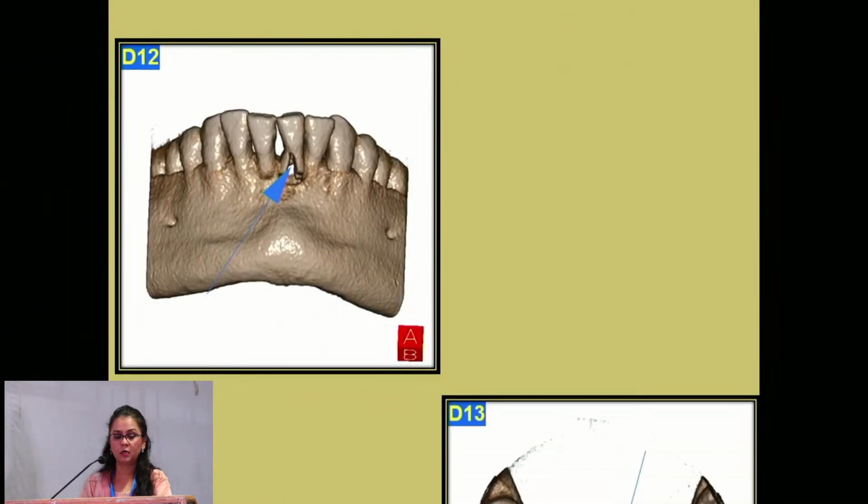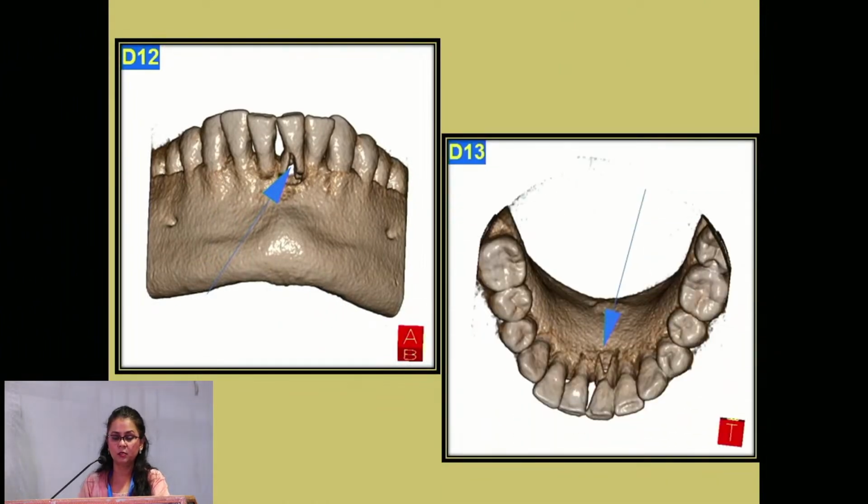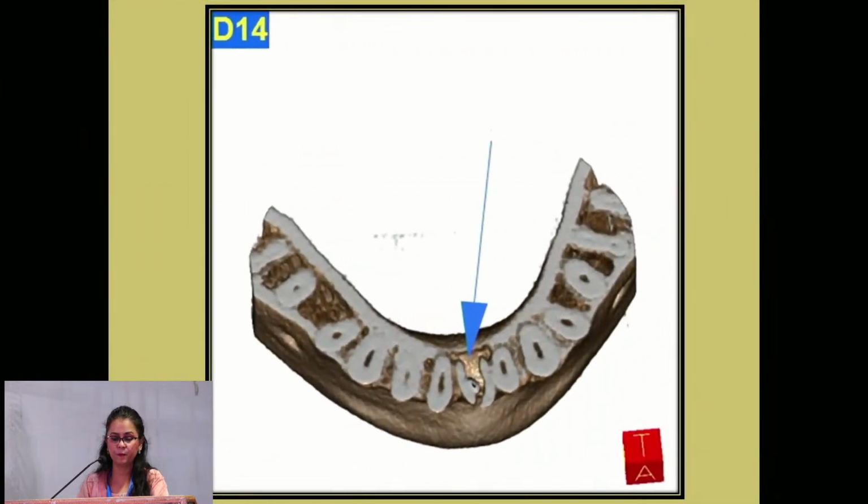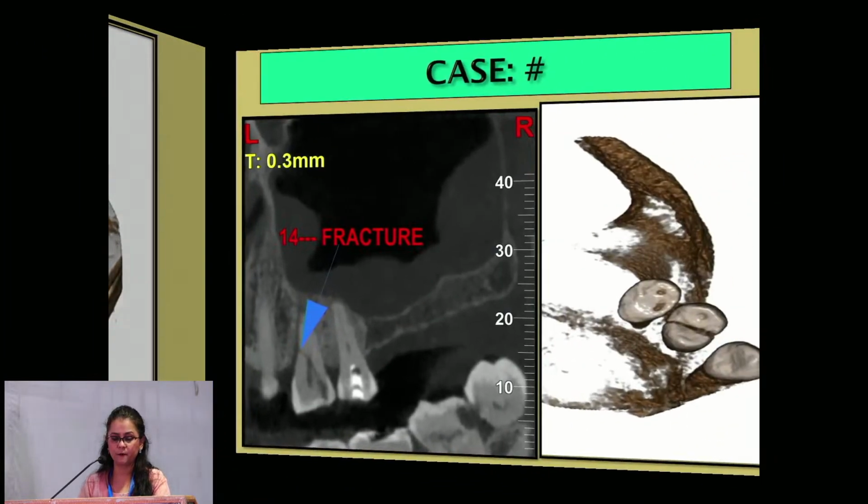So just see the images which are there on 3D also. And I have sliced the 3D, and then I am seeing to what extent this fracture line is going, to what extent the periapical lesion is also present.